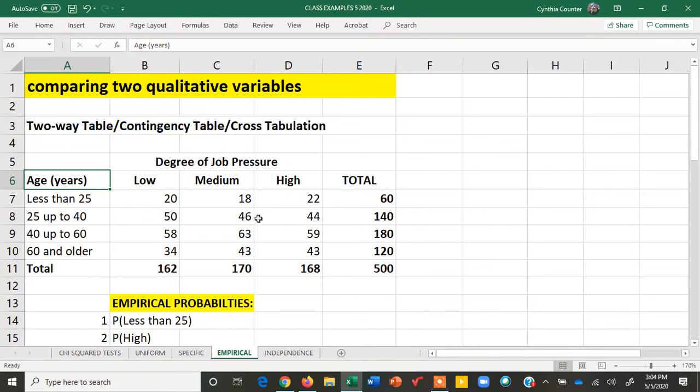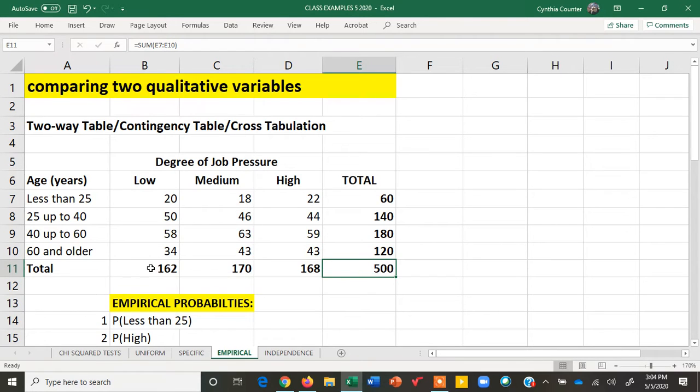So what we have here is a contingency table showing the degree of job pressure, low, medium, or high, in different age groups, less than 25, 25 up to 40, 40 up to 60, 60 and older. There are a grand total of 500 people represented in this table. 60 of them were less than 25, 140 of them were age 25 up to 40, 180 were age 40 up to 60, and 120 were age 60 or older.